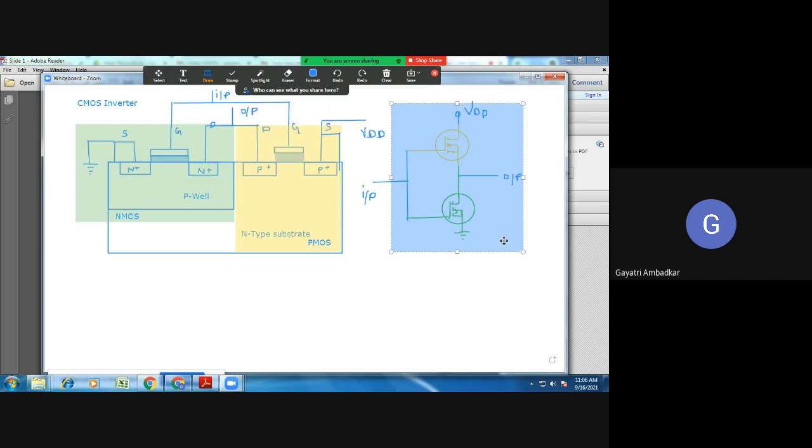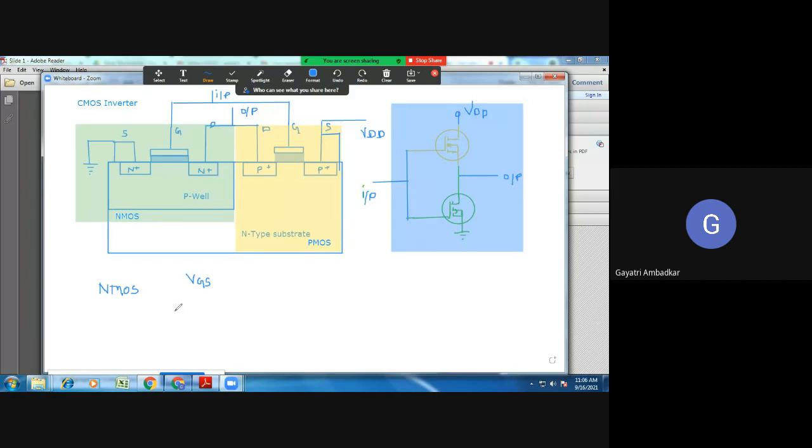Now we will see how it is working. You should know how PMOS and NMOS operate. I will write here for NMOS, because you know NMOS very well. When NMOS starts conducting, what should be the value of VGS?